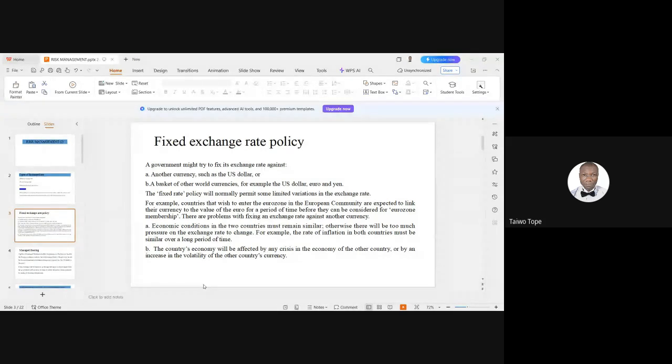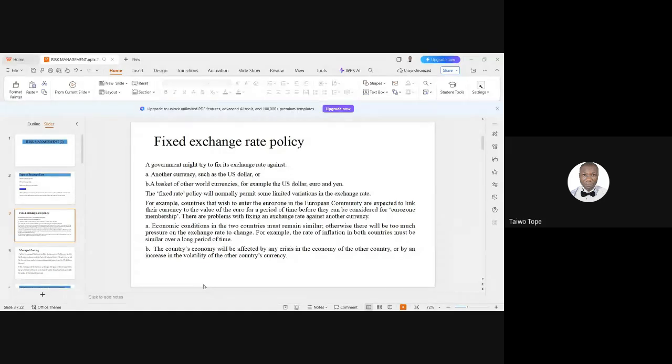So most times to achieve stability in the economy, governments often take a bold step to buy foreign currency when the exchange rates depreciate and sell foreign currency when the exchange rate appreciates. So by doing so, government will be able to maintain large reserves of foreign currencies to achieve the desired exchange rate.